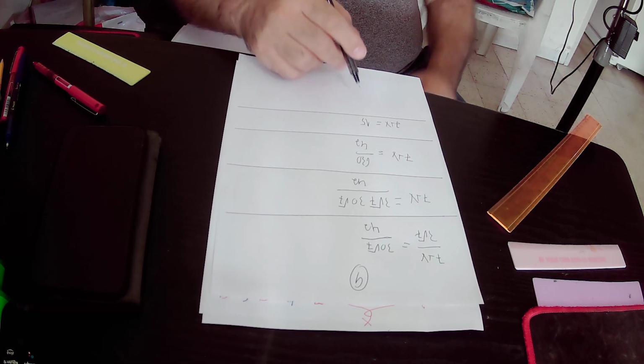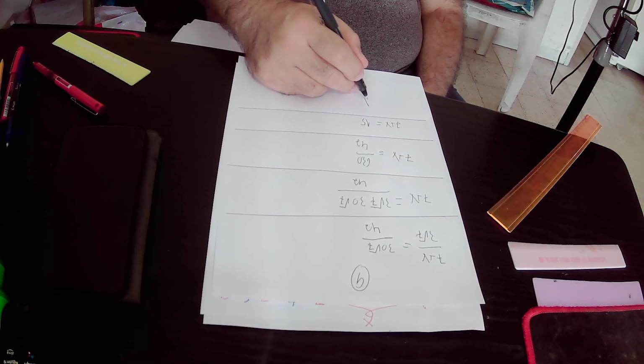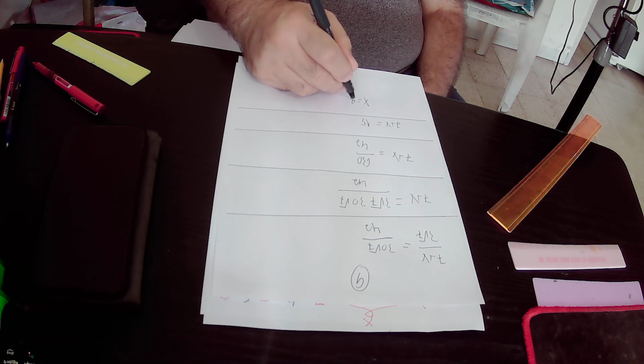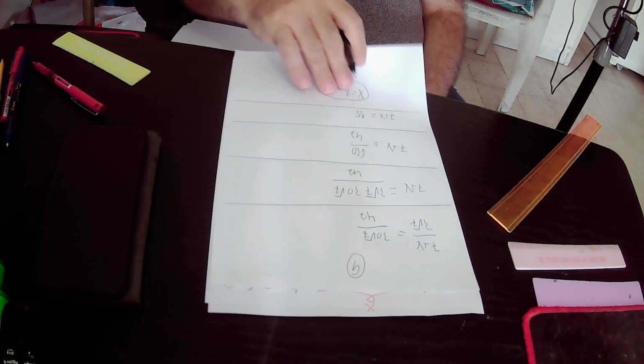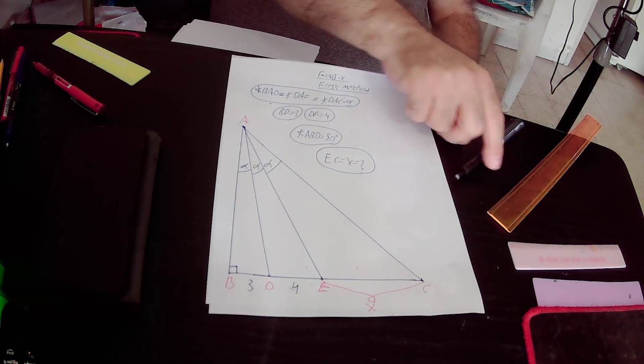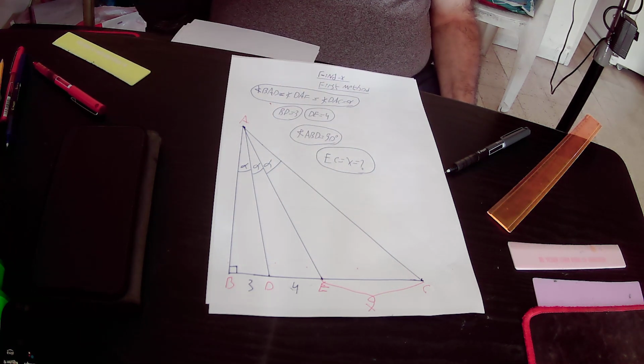Here we will subtract 7 from this equality, and we will get that x equals 8 units. So we found that the value of x is 8 units.